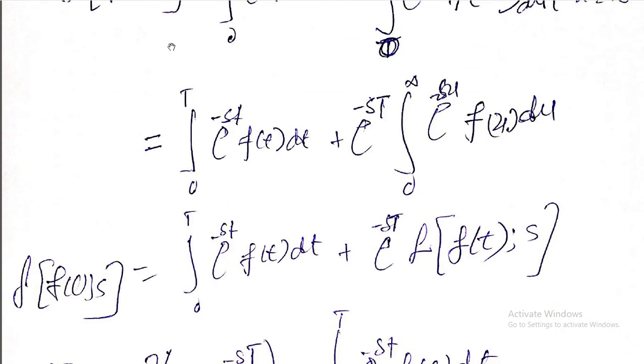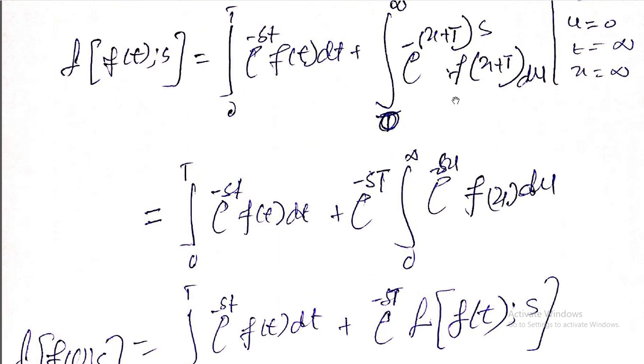So we have the integral from 0 to T of e power minus st f(t) dt plus e power minus sT, which is constant with respect to u, times the integral of e power minus su f(u plus T) du. Since f is a periodic function of period T, f of u plus T is equal to f of u.